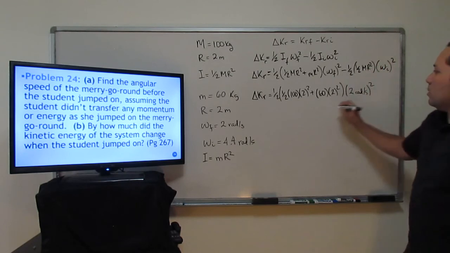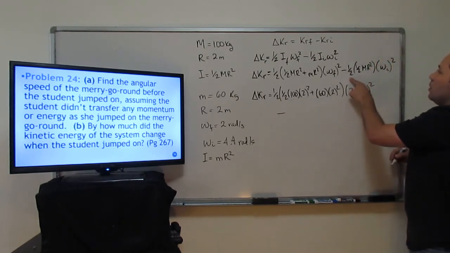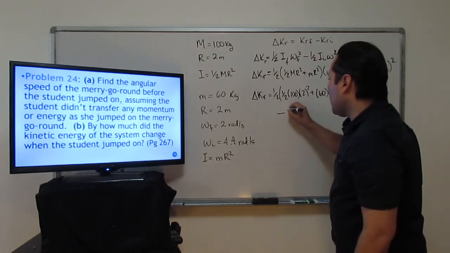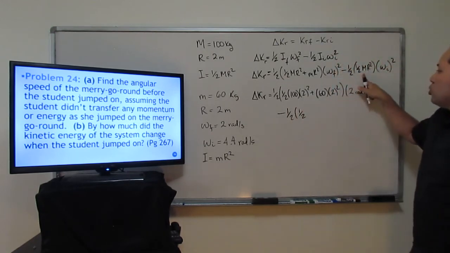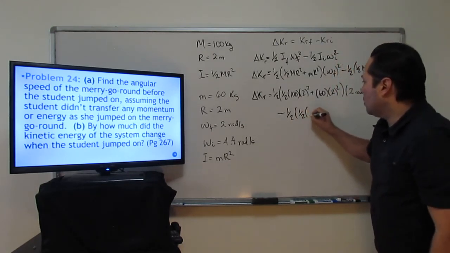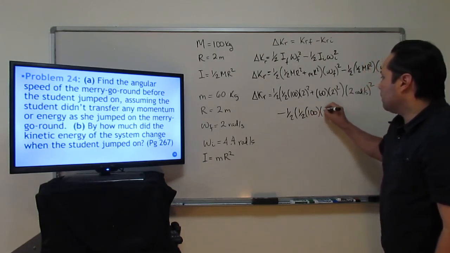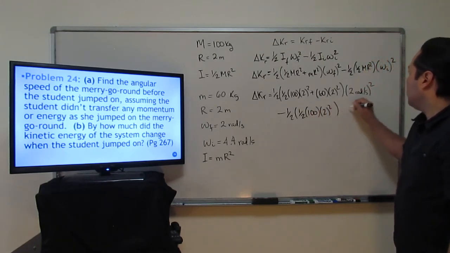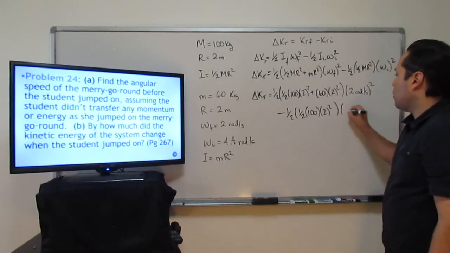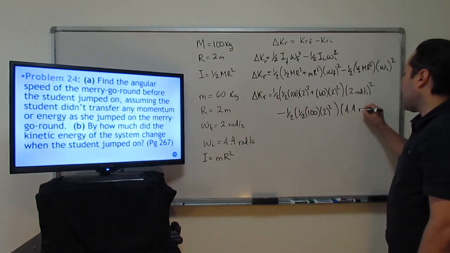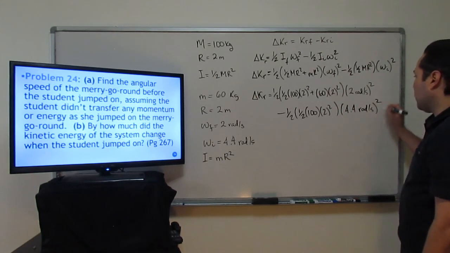And it's going to be minus 1/2. Now it's just the inertia of just a disk, 100, 2 squared, multiplied times the initial angular speed of 4.4 rads per second, and that is squared as well.